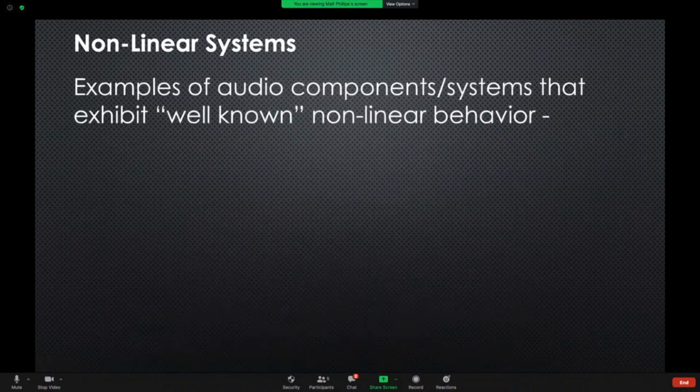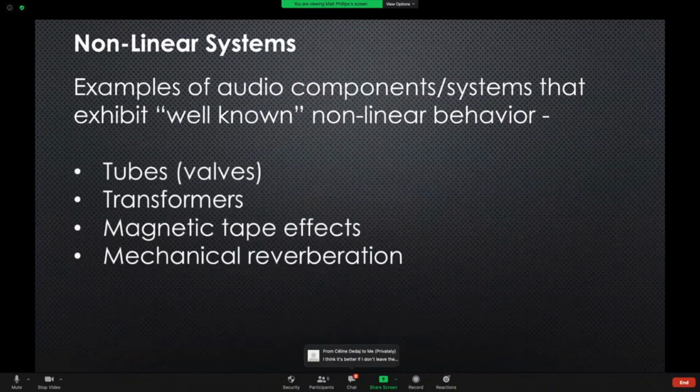So in audio land, there are examples of components or systems that exhibit what I call well-known nonlinear behavior that we might all be familiar with as programmers and audio engineers. Things like tubes or valves, depending on where you're from in the world, transformers, magnetic tape effects, mechanical reverberation. Audio models based on these kinds of systems are famous for their nonlinear behavior.